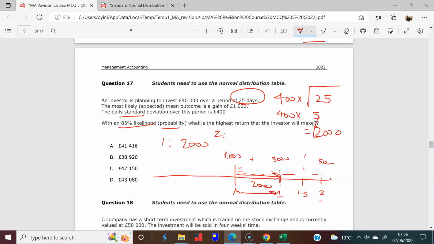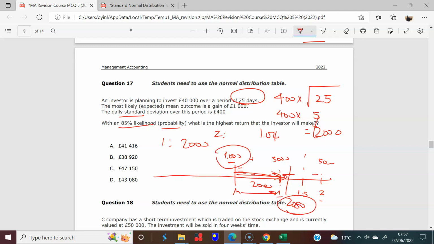So I already know I'm 1,000 up here. So a z-score of 1.04 technically must be 1.04 times 2,000, which is 2,080. So I'm actually traveling 2,080, because a z-score of 1 is equal to the actual deviation.